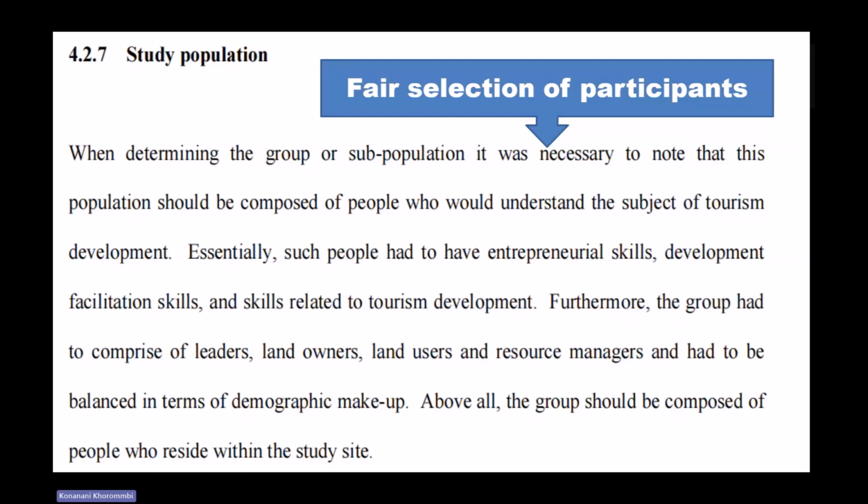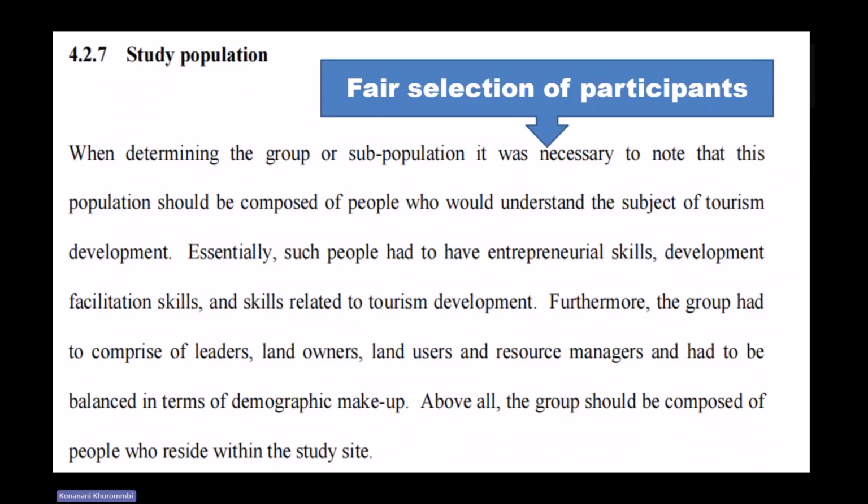The first selection continues. It says, when determining the study population, when determining the group or subpopulation, it was necessary to note that this population should be composed of people who would understand the subject of tourism development.